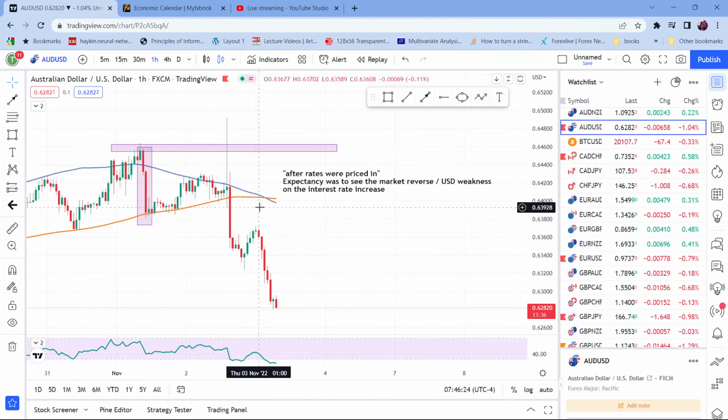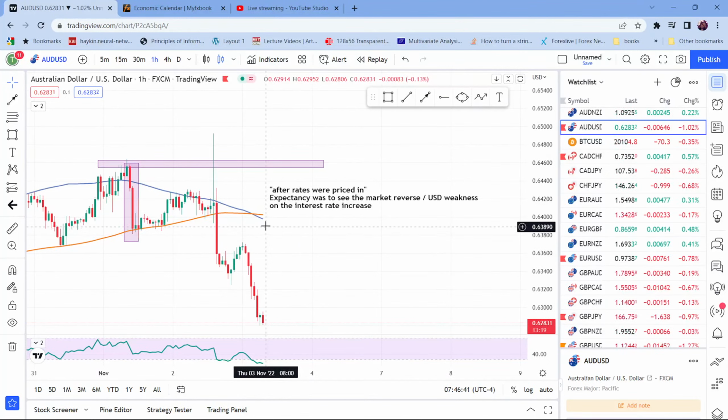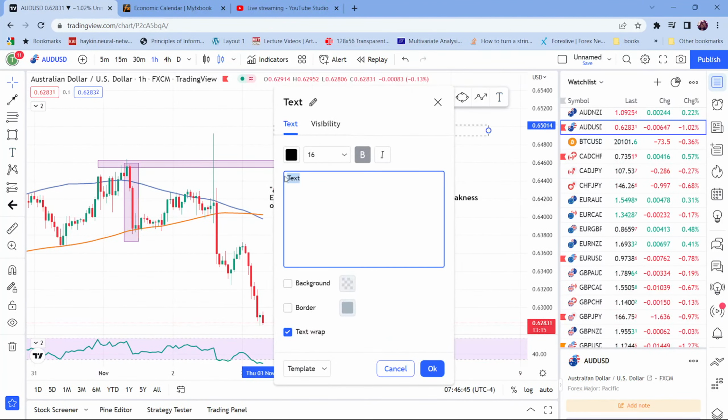If price action already moved on an expectancy, when the actual thing comes out, it's not going to have much of an effect. That's a generalization of the market, a general thought. So that's some of the things you need to pay attention to when using fundamental data. Just some education for you guys.